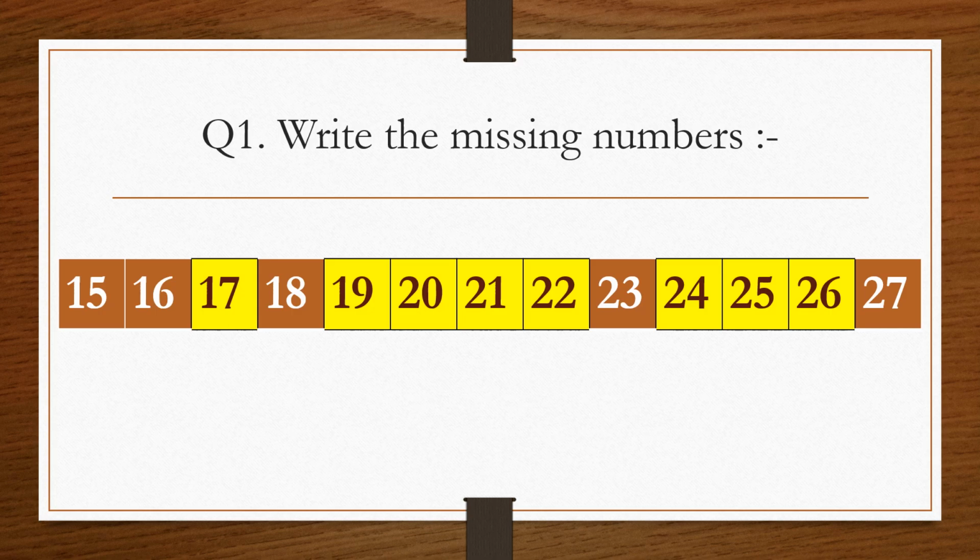So let us start counting and fill in the missing numbers. 15, 16, 17, 18, 19, 20, 21, 22, 23, 24, 25, 26, 27.